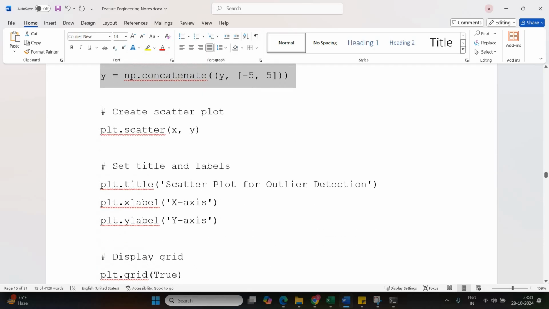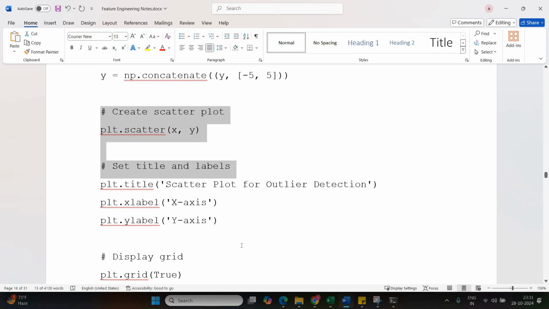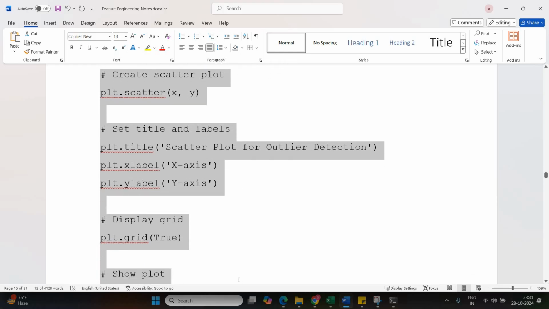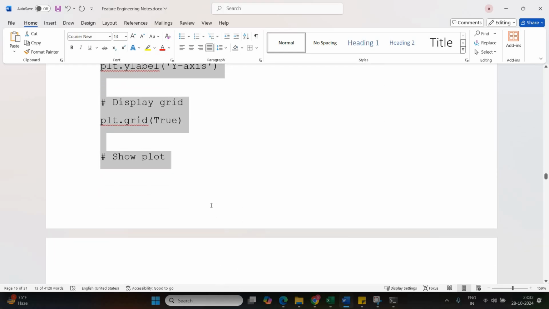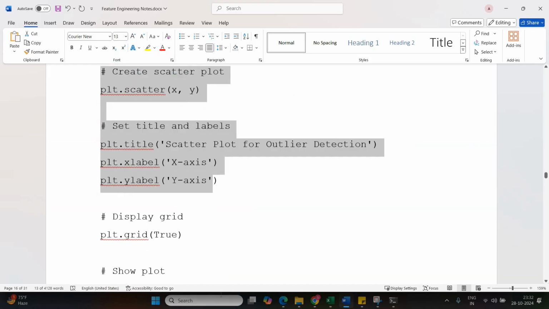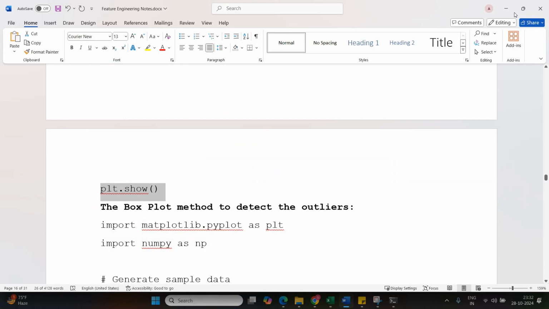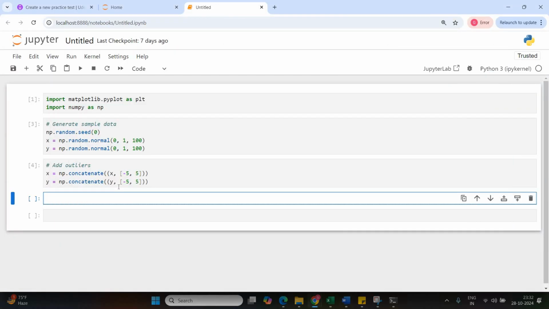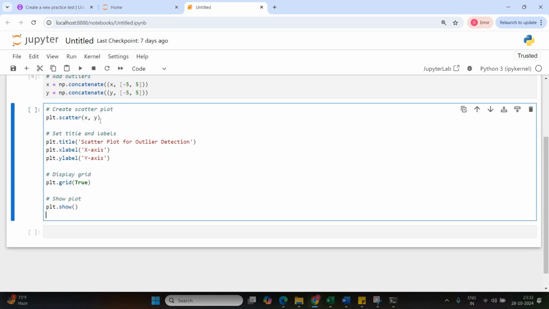Now let me generate the scatter plot and then show the plot. Okay, so let me just run it. So here we are going to generate the scatter plot.